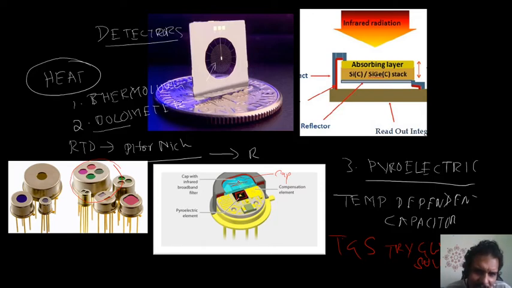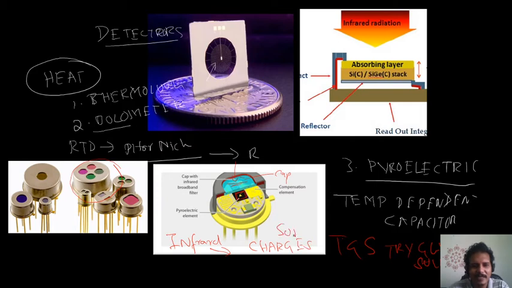So what happens when the infrared light flows through this particular glass? The infrared is basically heat radiation, right? This particular element is almost like a black body, right? It absorbs the infrared radiation. Because of this absorption of infrared, surface charges rise.